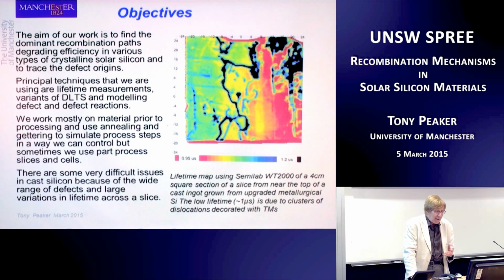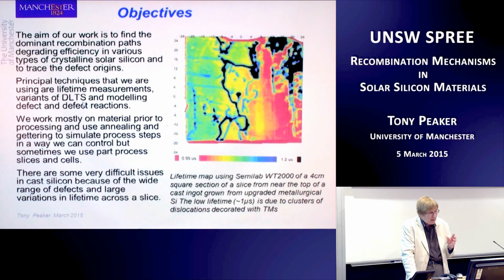So what we're trying to do is to look at the dominant recombination paths in these various types of material, see what is degrading the lifetime, degrading the efficiency, and the techniques that we're using are lifetime measurements and variants of deep level transient spectroscopy.